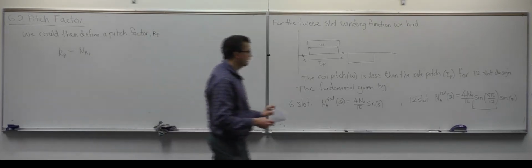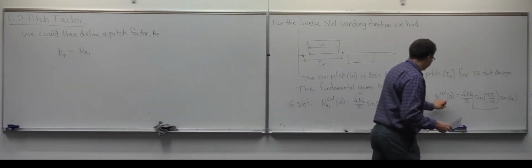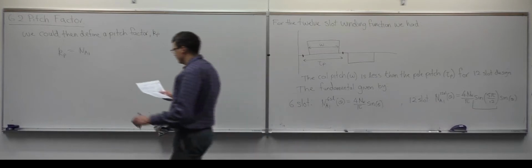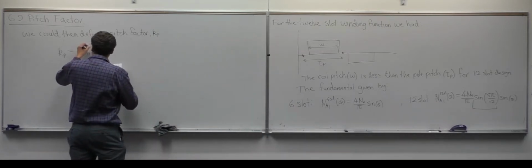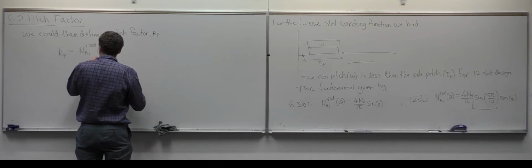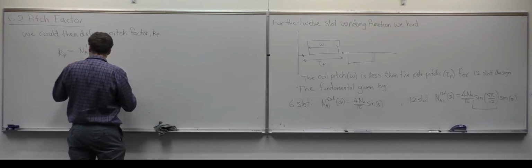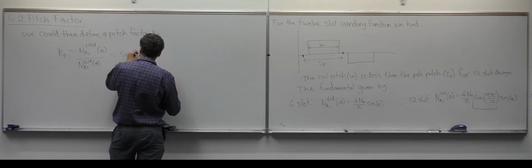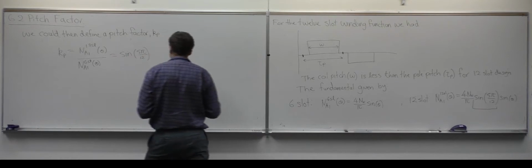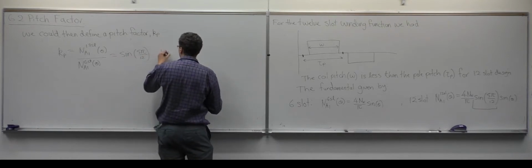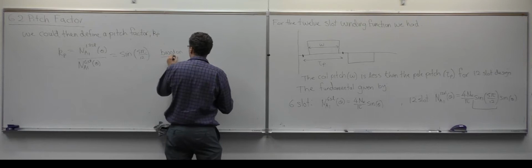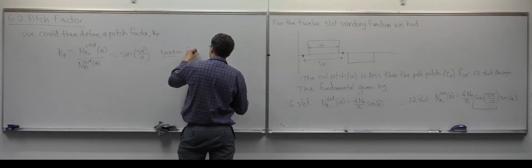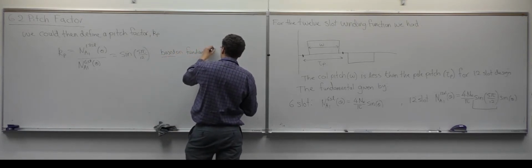Actually, I could put a 1 on here too for fundamental. So we have the fundamental for the 12 slot divided by the fundamental for the 6 slot, and so that will just give us sine 5 pi over 12. And again, this analysis is based on the fundamental. It's important to recognize that component.